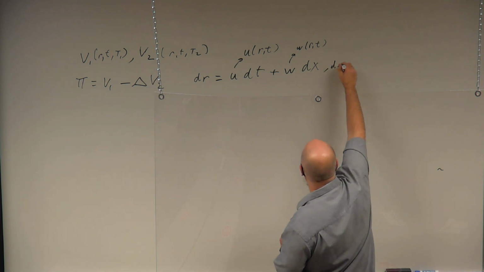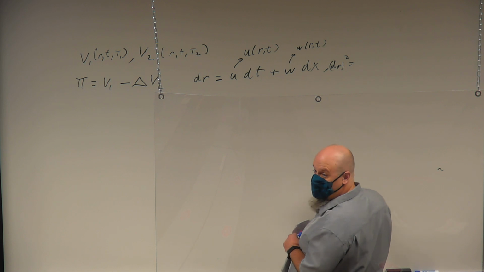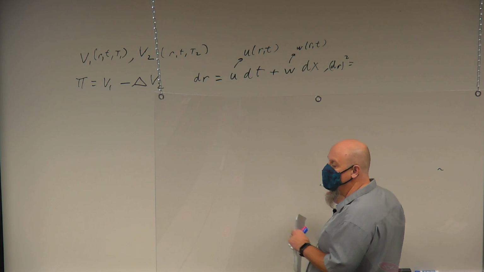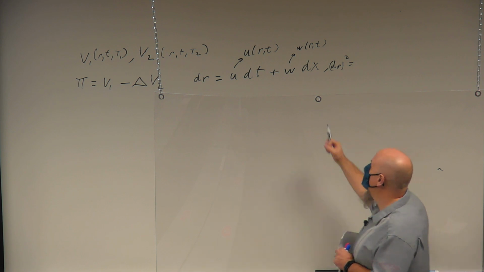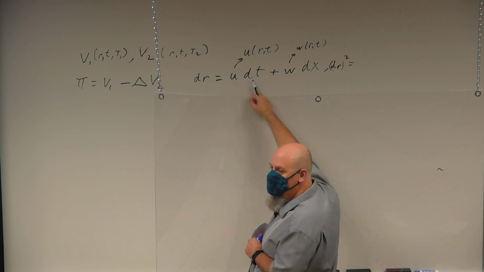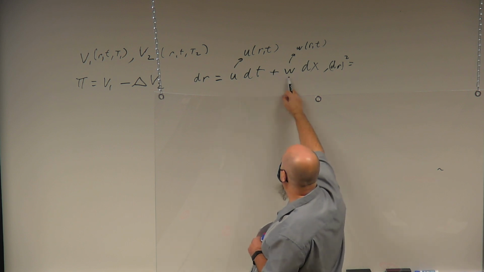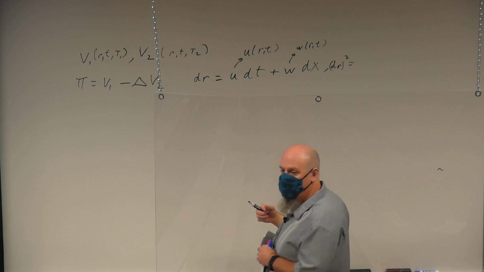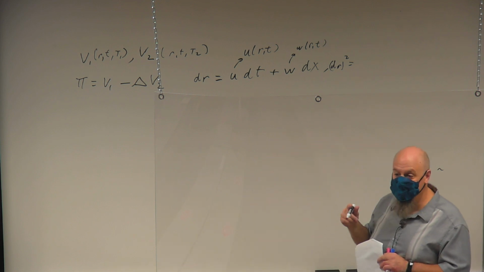If I want to know what dr squared is, this is where we're going to use Ito's lemma, the same sort of structure as we did when we were building the Black-Scholes. That's going to be u squared dt squared, too small. 2uw dt dX, too small, because quadratic variation, that dX is like a root dt.